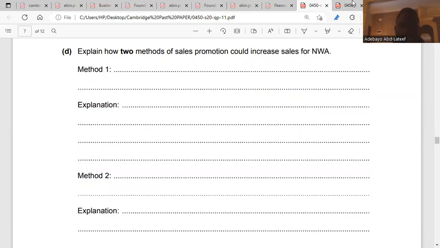Another method of sales promotion is to give sales discounts. That reduces the price customers will pay. That's a way of selling more. Another method is buy one get one free.